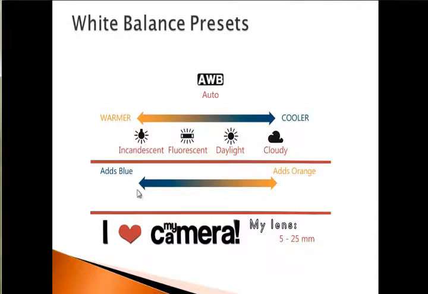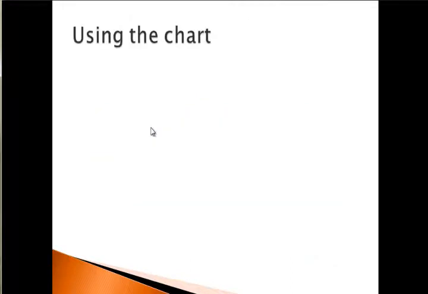But you can also use these same things and the same knowledge using these presets in your point and shoot camera to get the same sort of things. If you want something to look more golden orange, set it on cloudy. If you want something to look more blue, set it on incandescent and play and have fun, using the chart that we made.